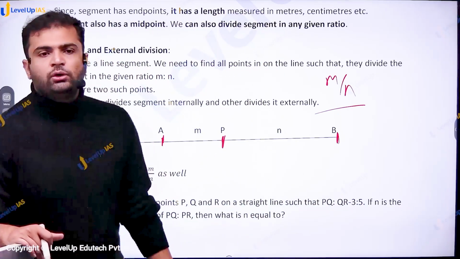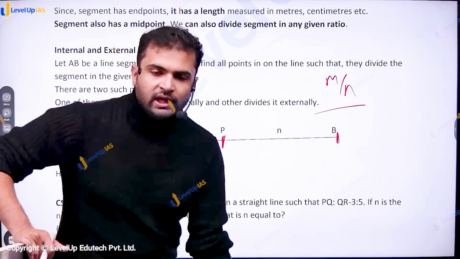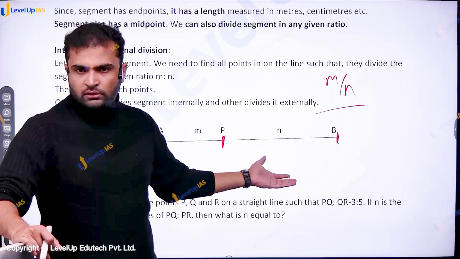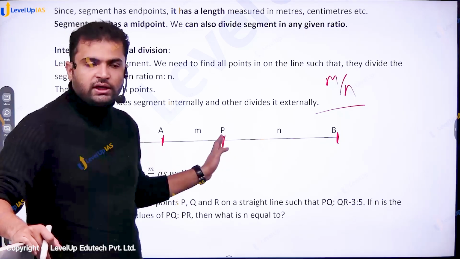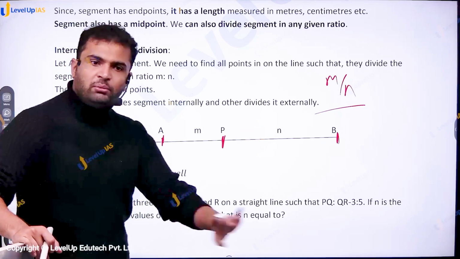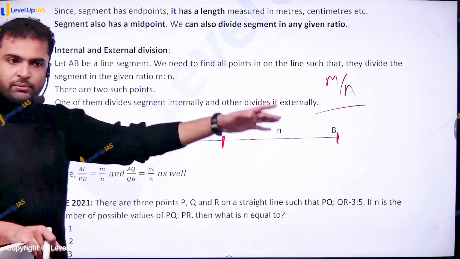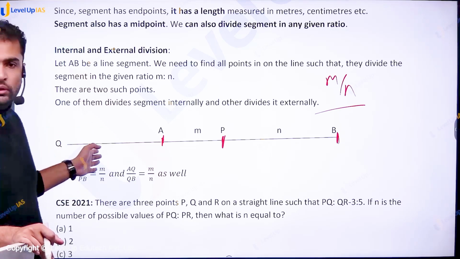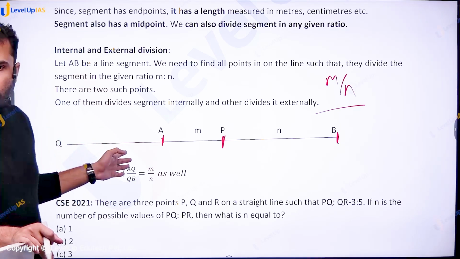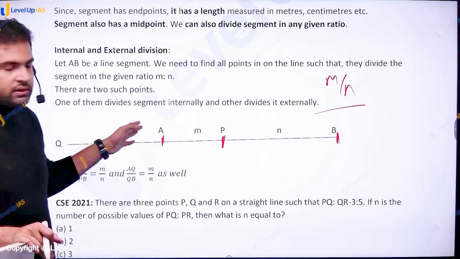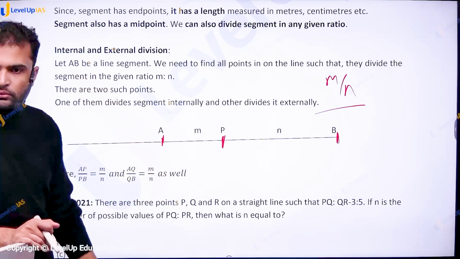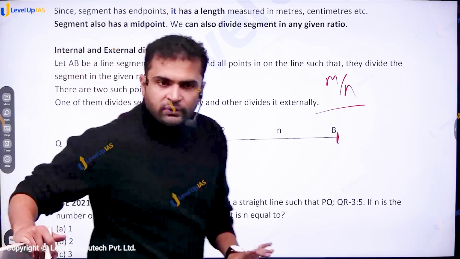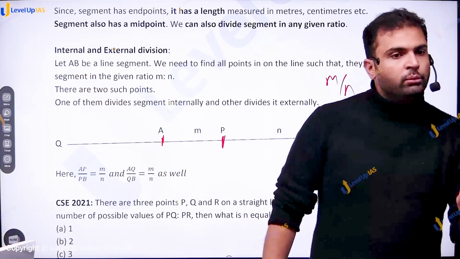The point I am trying to make is that we have only one point in between those two that divides in the given ratio, and only one point external to AB that divides the given line segment in the given ratio. Do you understand? One point will divide internally, one point will divide externally, and there will be only two points.